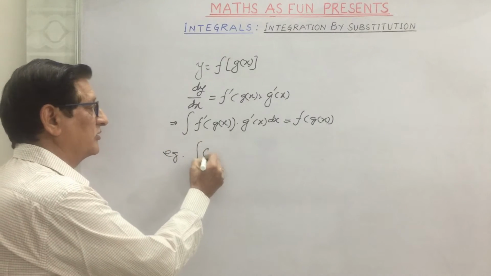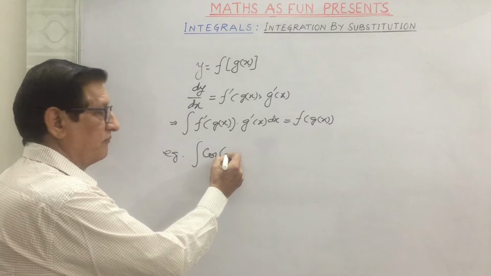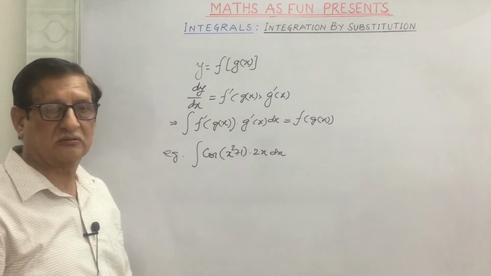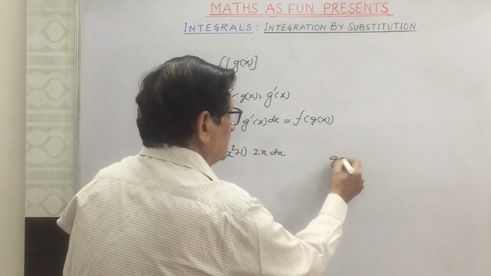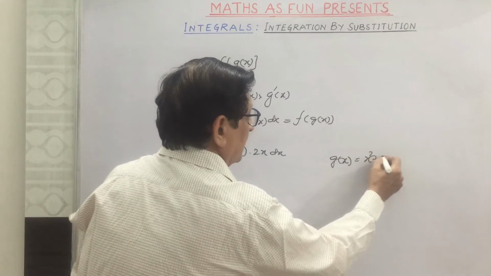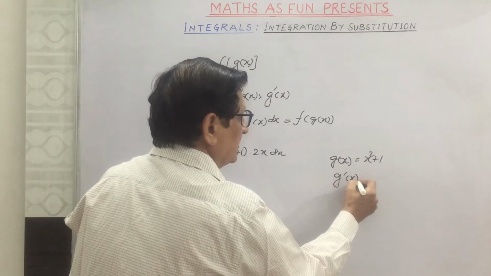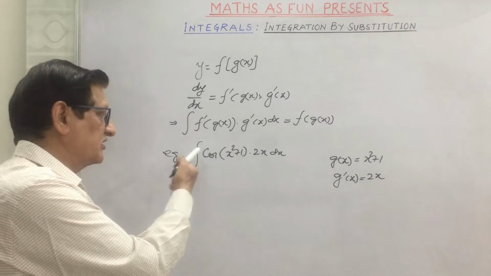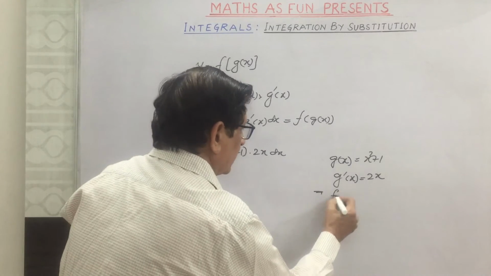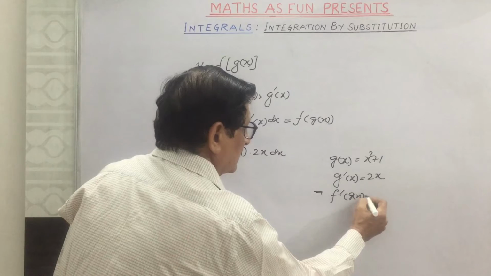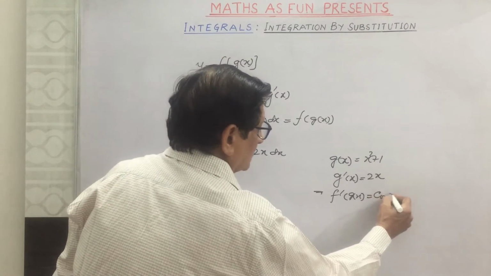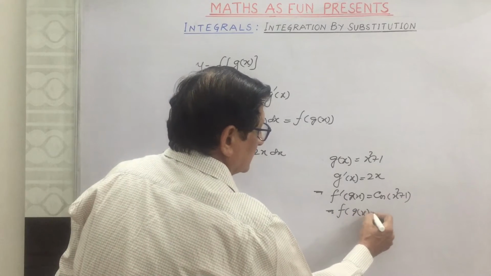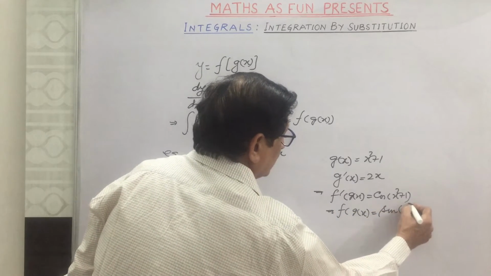Like we have the integration of cos of x square plus 1 into 2x. We see here g x is x square plus 1 and g dash x is 2x. What about f x and f dash x? If we say that f dash of g x is equal to cos of x square plus 1, can we say that f of g x is equal to sine of x square plus 1?